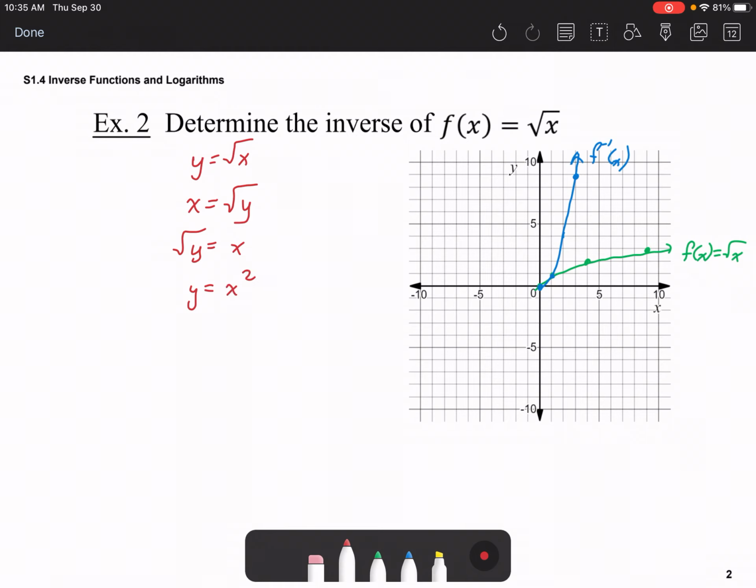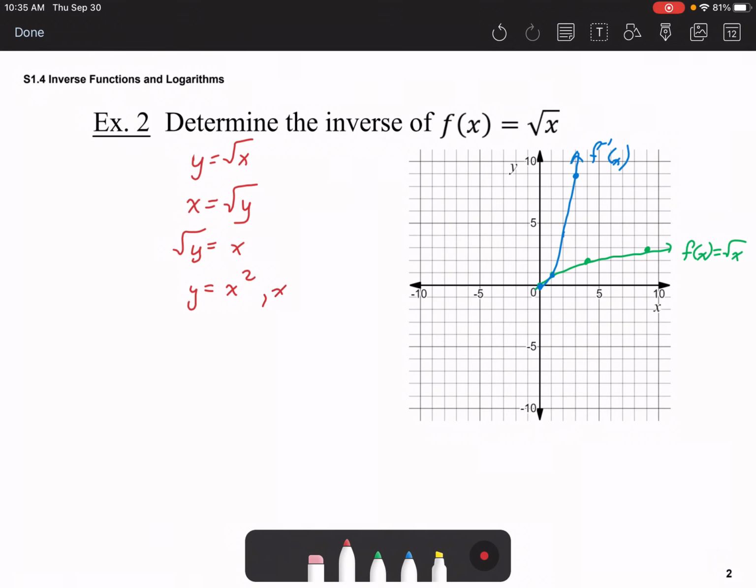But the issue here is this drawing of f inverse of x in blue is not what we get as our equation. This equation y equals x squared actually describes an entire parabola, whereas our drawing is only part of a parabola. So you have to make sure that you're actually stating the domain as being x greater than or equal to 0 here. You could include the range, but that's not necessary.